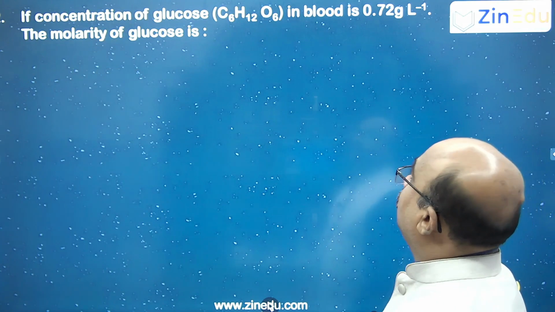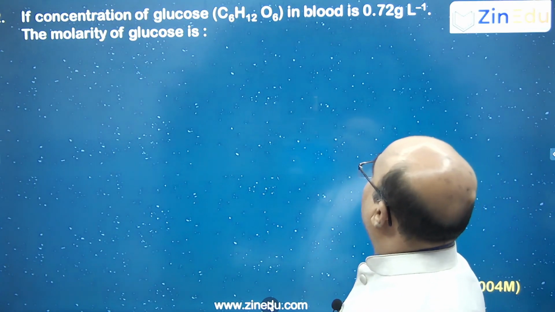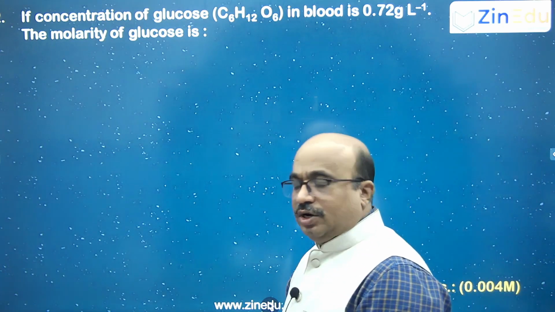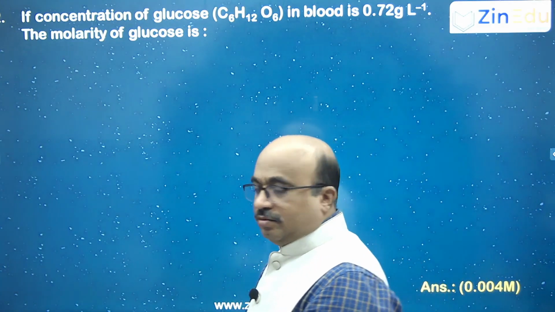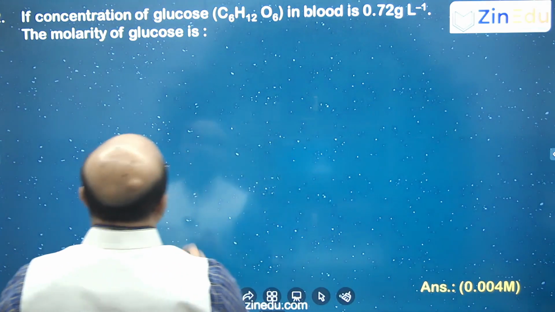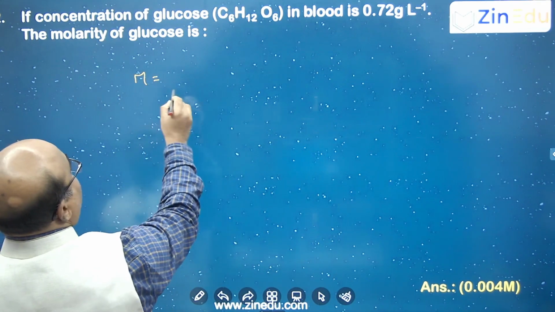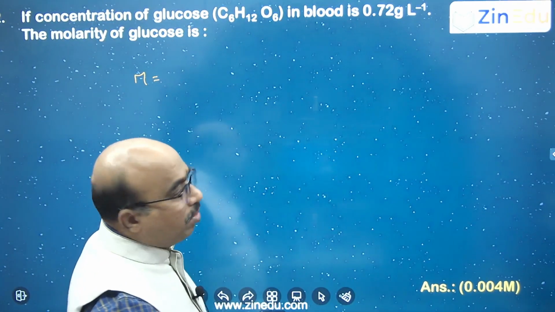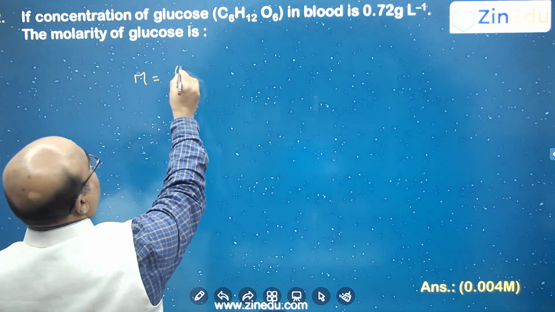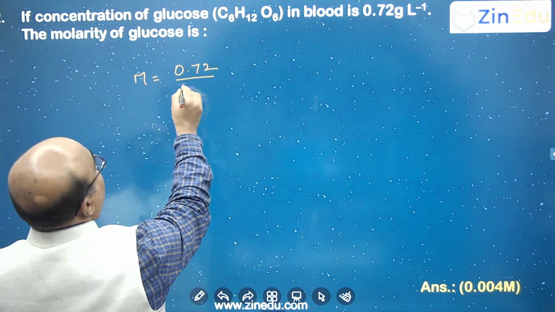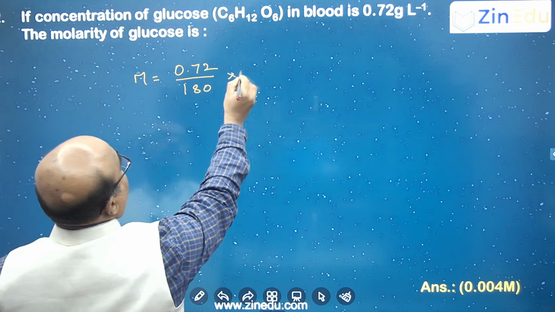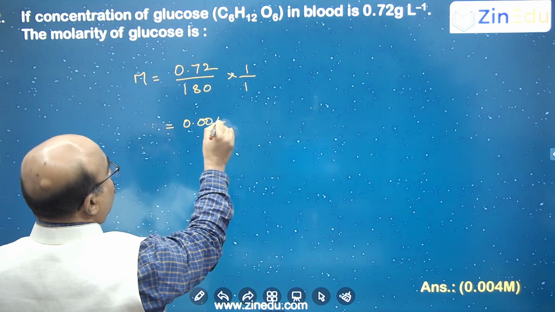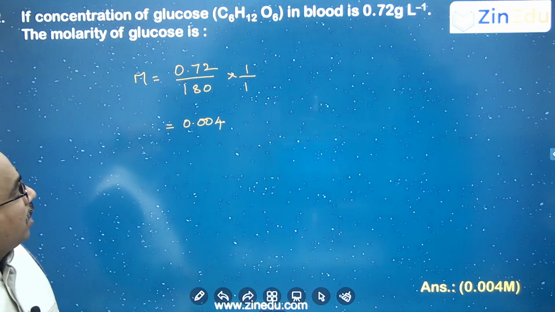If the concentration of glucose in blood is 0.72 gram per liter, what is the molarity of glucose? It's a direct formula based question. It is very easy for us to do. Molarity is weight by molecular weight into 1 by volume in liters. So it is directly 0.72 by the molecular weight of glucose, 180, into 1 by 1, which gives 0.004.